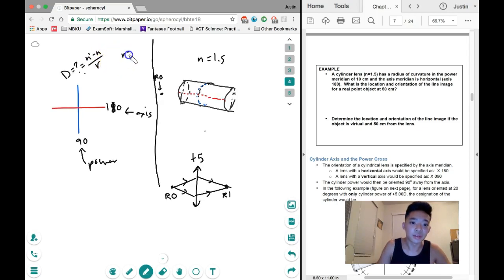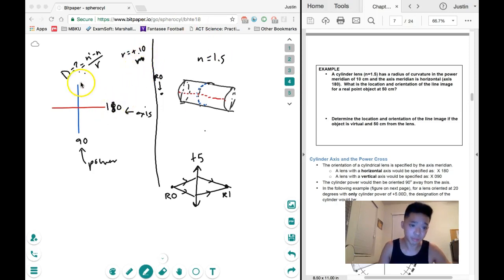And r is positive, because it doesn't really tell you any indication that it's not. So r is positive 0.1 meters. I'm sorry, it says 10 centimeters, and if you move it 2 decimal places to the left, that gives you 0.1 meters.